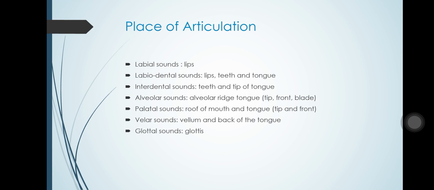All labials are consonants. For labial or bilabial sounds, we have some examples here, which are P or B. You see, when you are pronouncing the letter P or the letter B, your two lips meet.